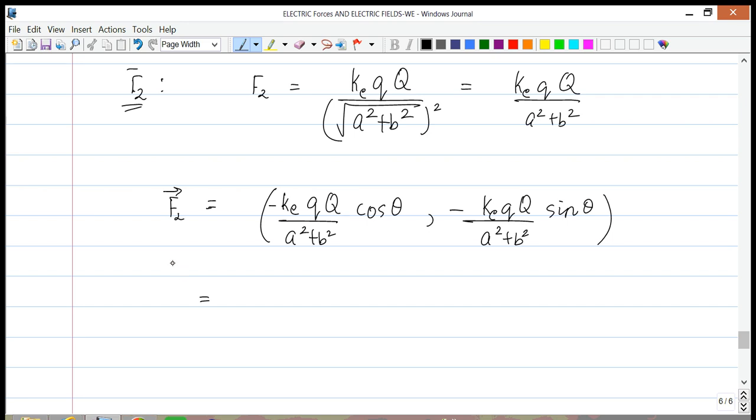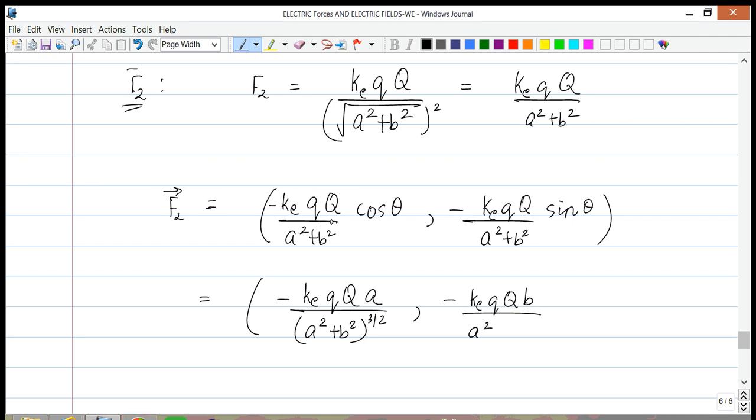Once you get this, you can substitute for cosine and sine, and then also use the square root of x times x equals x to the 3/2. I'm going to skip a step and rewrite this as negative KeQQA over (A squared plus B squared) to the power 3/2, and then the other one is going to be negative KeQQB over (A squared plus B squared) to the power 3/2.